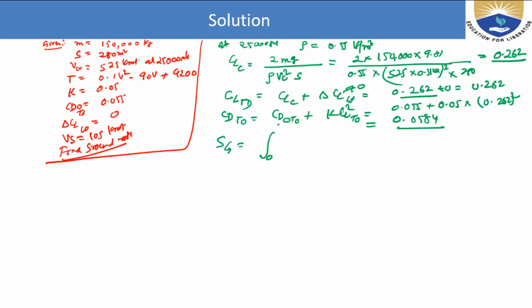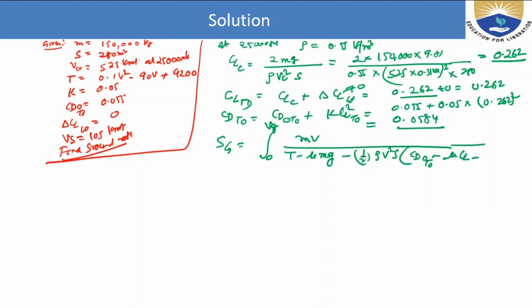So we got now CL and CD, and we know the equation for the ground roll: SG is the integral from 0 to VG of MV divided by T minus mu mg minus half rho V square S times CD naught takeoff minus mu CL takeoff, into dV.